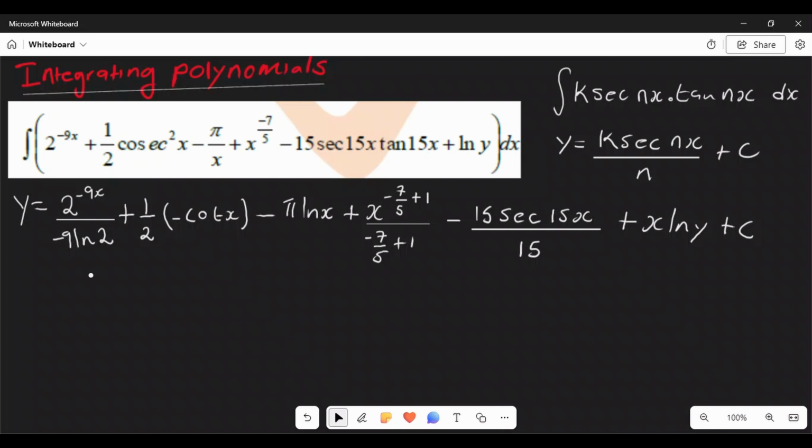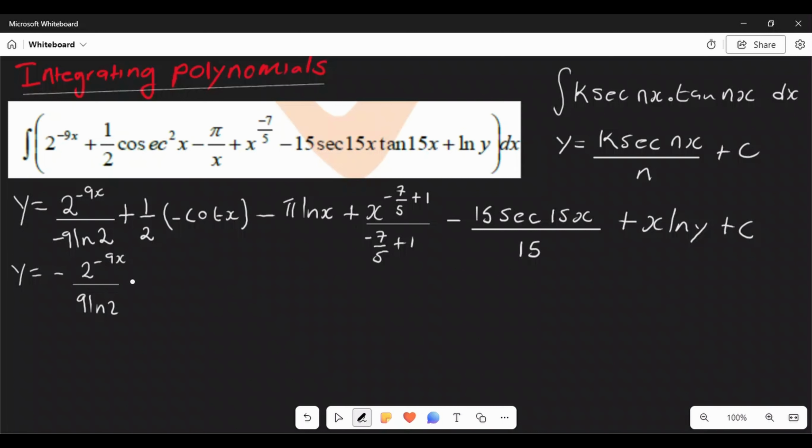Let's do the first one. Now it's time for us to simplify the first one here. Basically, there's nothing to simplify here. It is correct like that. We leave it like that. We're just gonna have 2 to the power of negative 9x over, don't forget this negative is here, over 9 natural log then 2. Right, leave it like that.